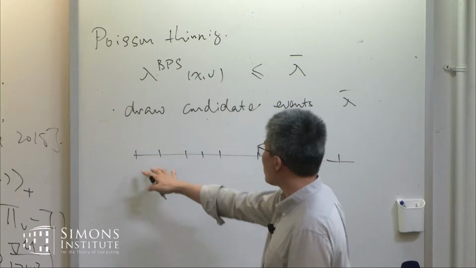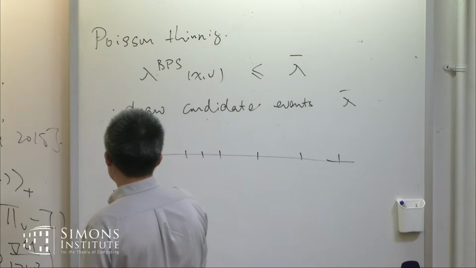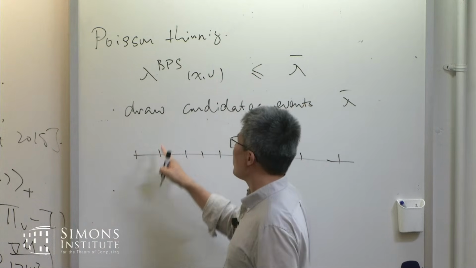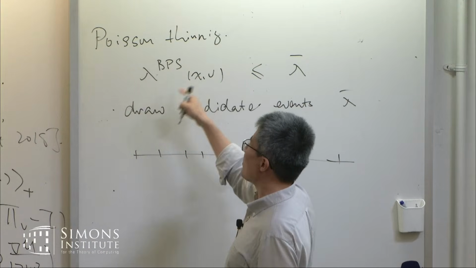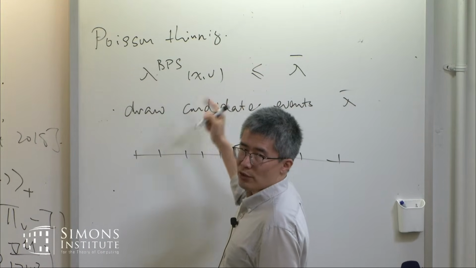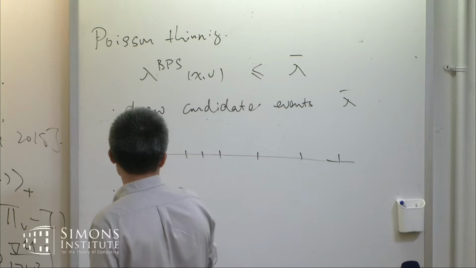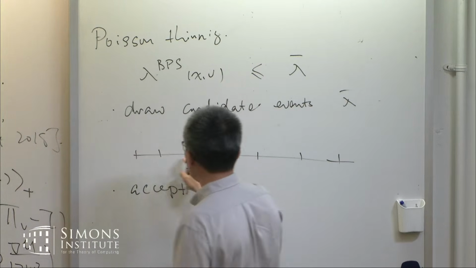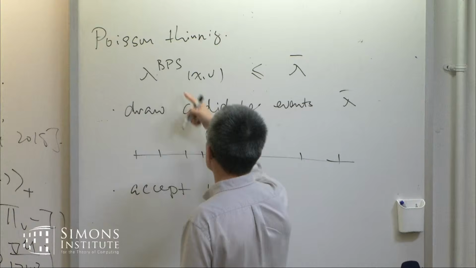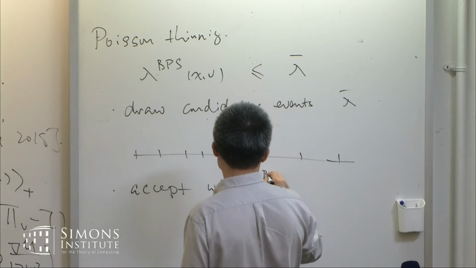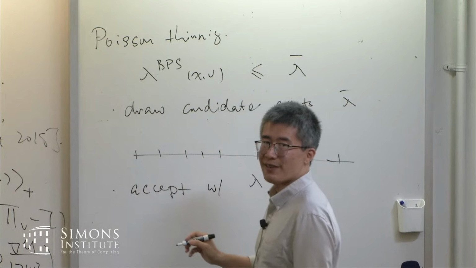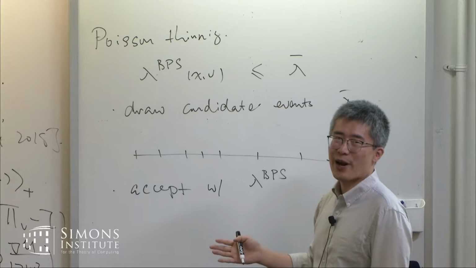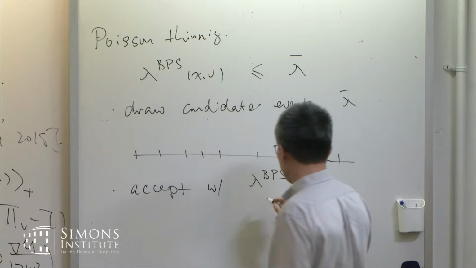For each of these candidate events, you accept it to be a true event only with probability given by the ratio of the two rates, because the rate that we wanted to implement is actually smaller. So it's kind of like Metropolis, but you're not using the potential query, you're just using these rates.